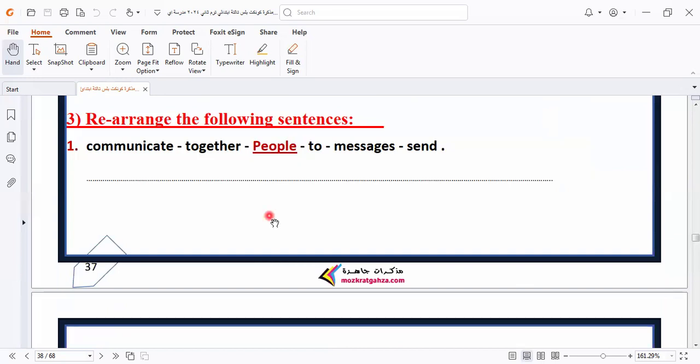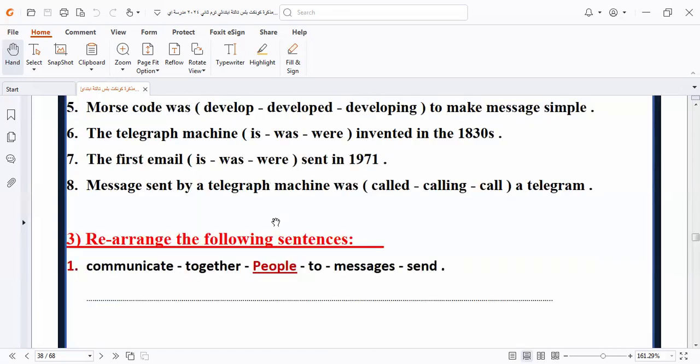Here is the rearrange. Let's answer the questions here. Subject plus verb plus object. So the subject will be people.